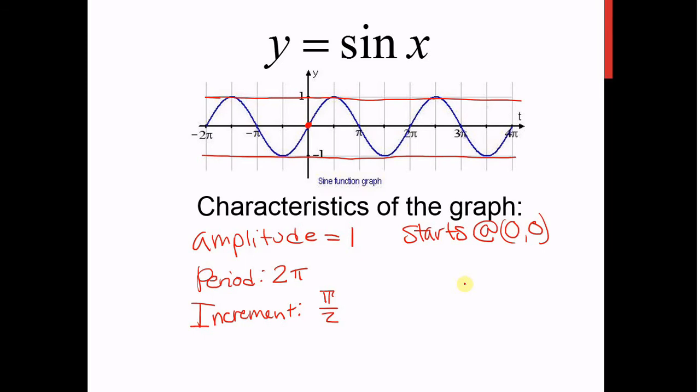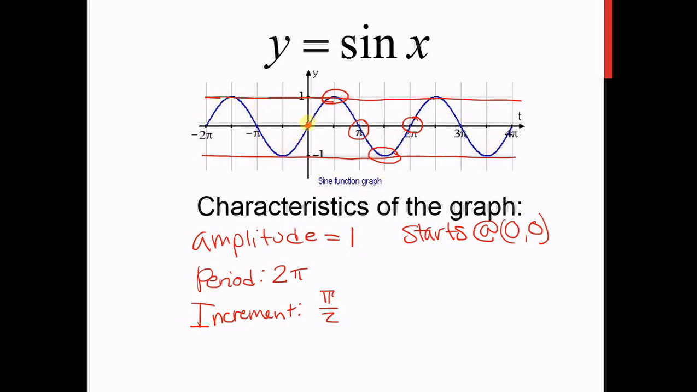It's going to cross the x-axis twice, once at pi and once at 2 pi. And then we're going to have a max at pi over 2 and a min at 3 pi over 2. Notice how this side is the same as what it would be on this side. So this is one complete cycle too.